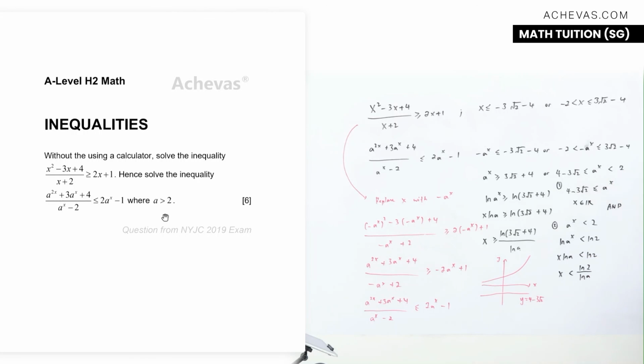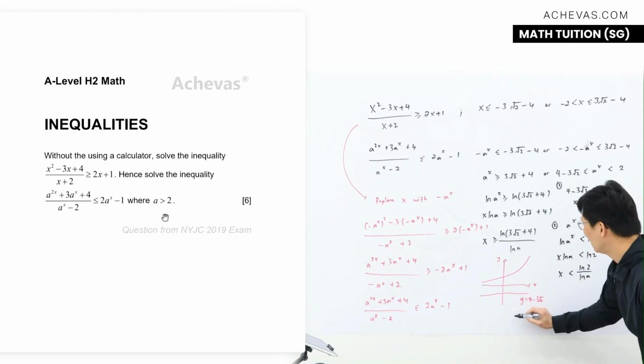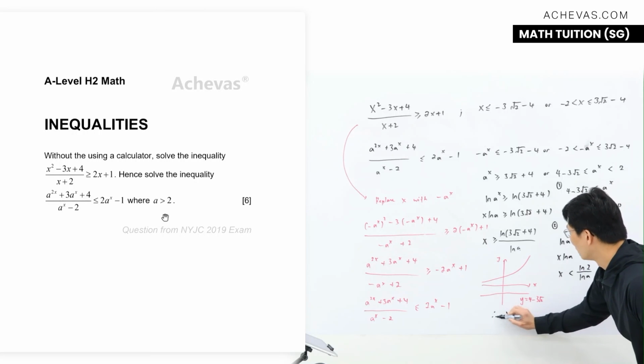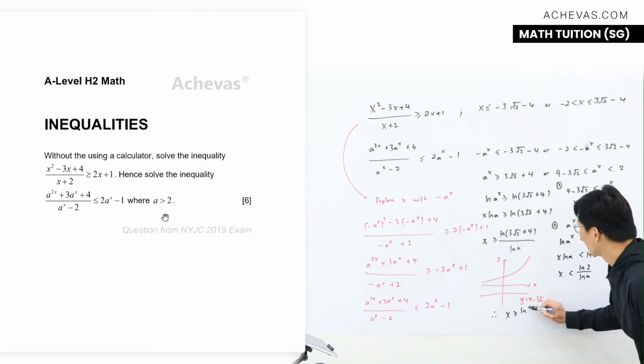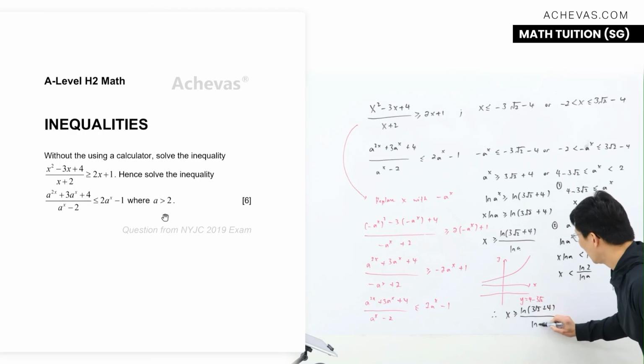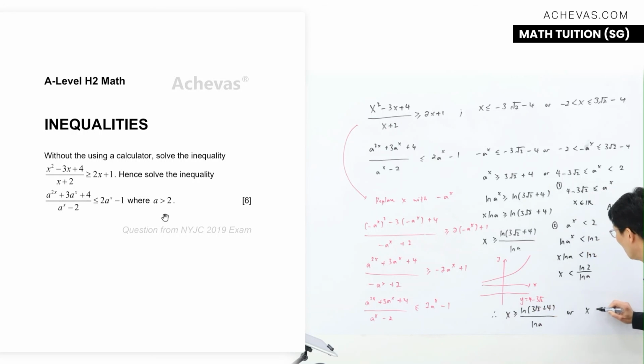And just by looking at a number line of the overlapping region between this case and this case, the answer is just simply this. So therefore, the final answer I will be writing will just be x greater or equal to ln 3 root 2 plus 4 over ln a, or x will be lesser than ln 2 over ln a.